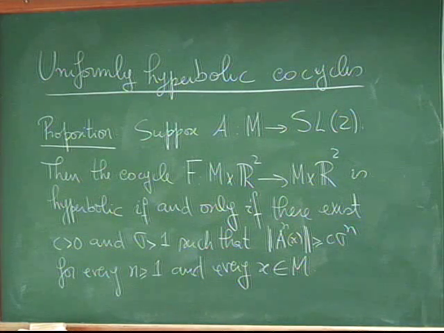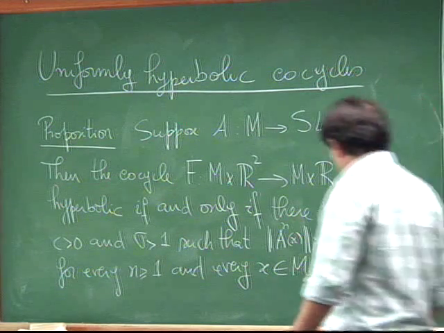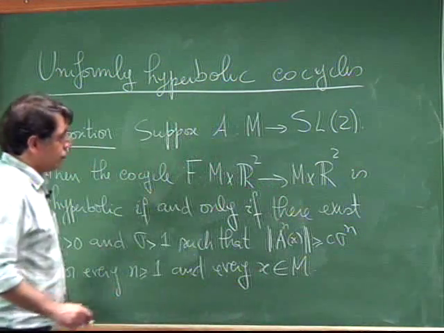This is a low-dimensional statement. This is not true in higher dimensions. It's only for the surface case, for the two-dimensional case. But it's a very nice and useful criterion for hyperbolicity.